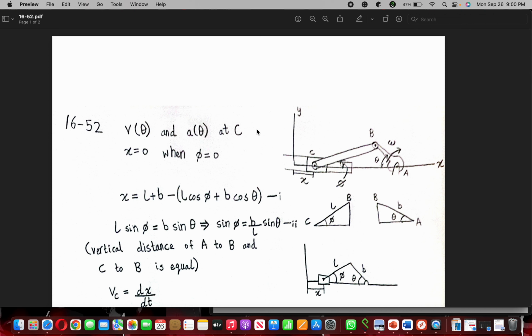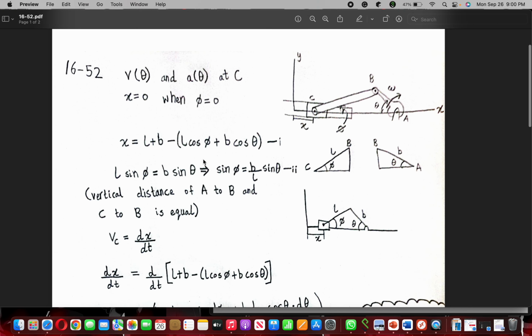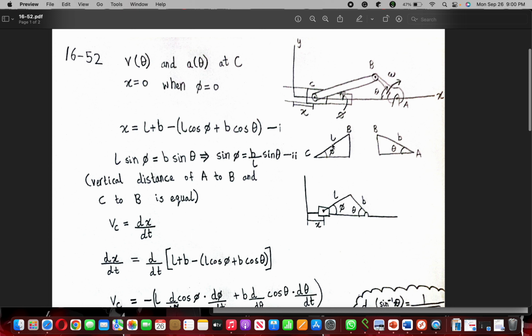So over here we know that x will become 0 when phi is equal to 0. First we break this diagram into simpler shapes, where this is C, B, and the distance between them is L, and this angle is phi with the horizontal.